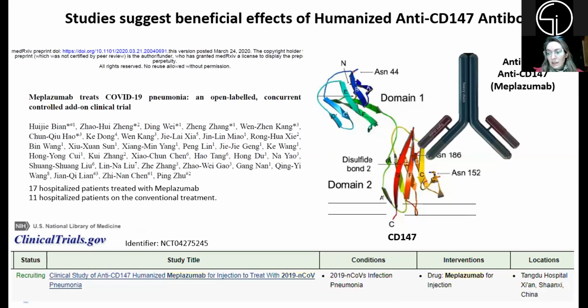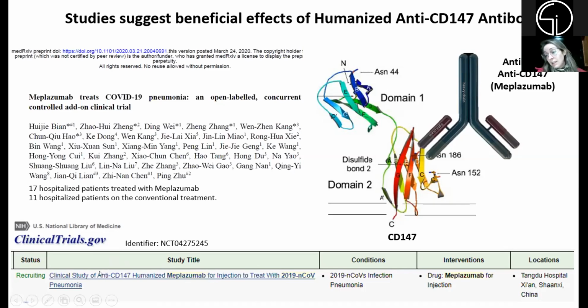There is an anti-CD147 antibody that blocks infection with SARS-CoV-2 in vitro, binding in domain 2, and its humanized drug, meplazumab, has already been used in a clinical trial in patients with COVID-19 pneumonia.